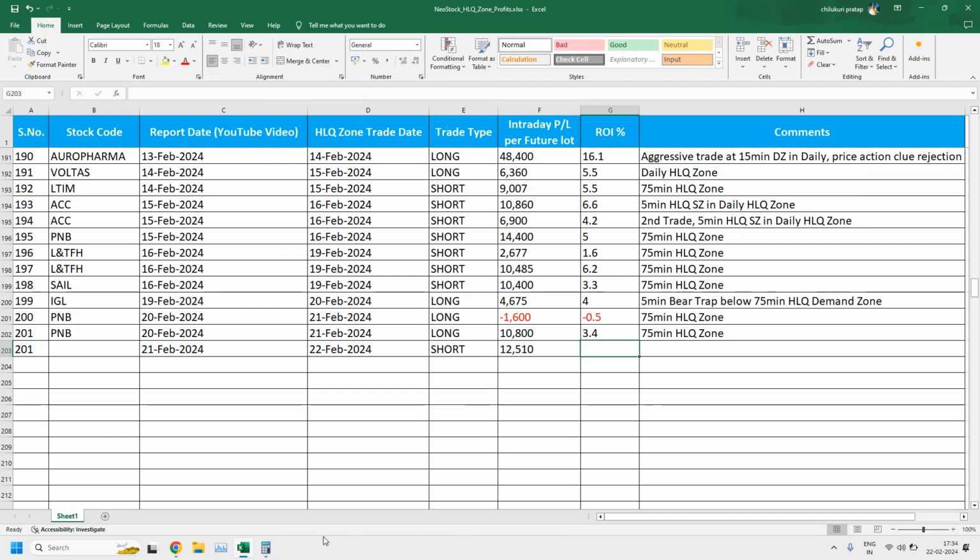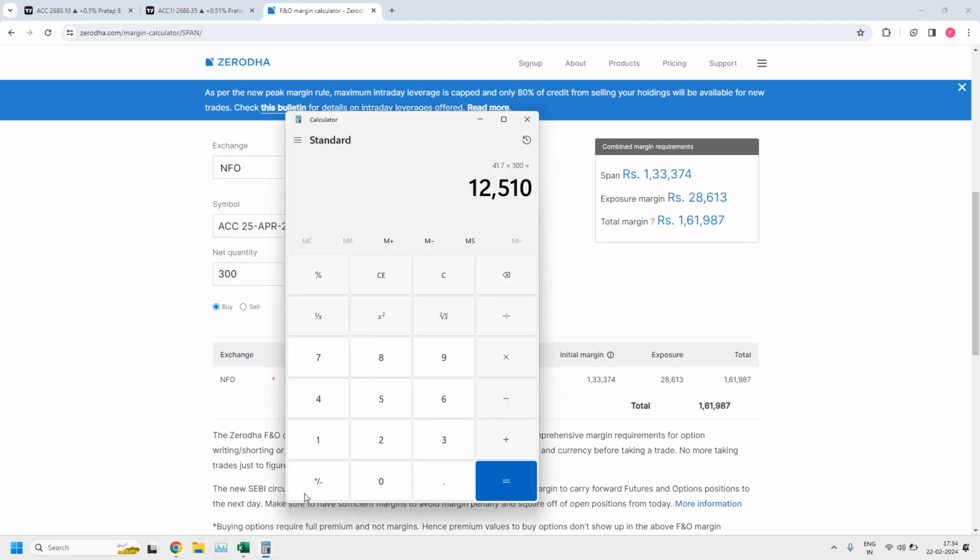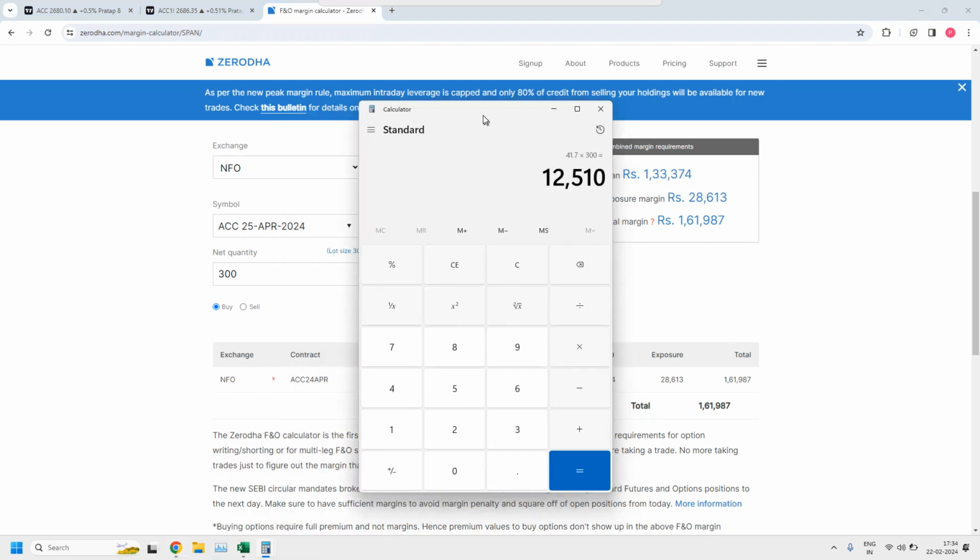Okay, ROA. How much ROA did we get? Again, go to this. What is the margin cost? 1,61,987. Maybe it would have been slightly different at the time of taking the trade, maybe 1,61,560 or 570, because prices moved slightly. But this value change is negligible, not significant.